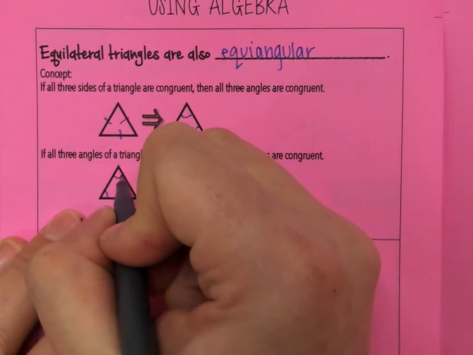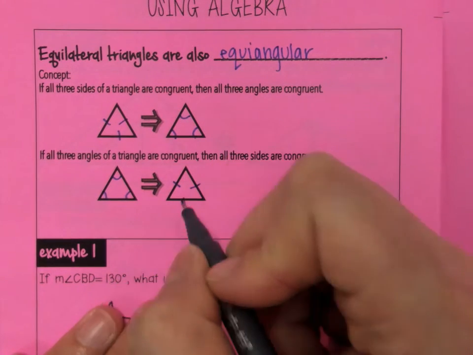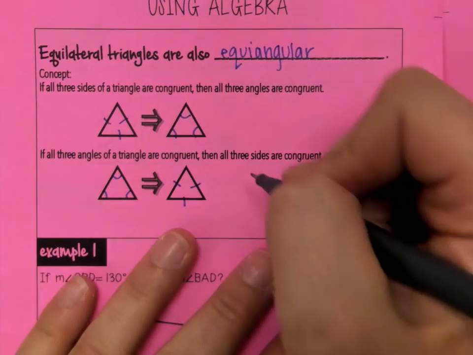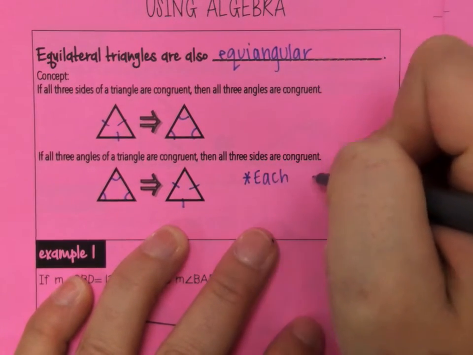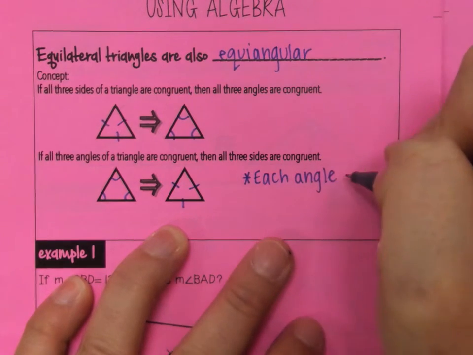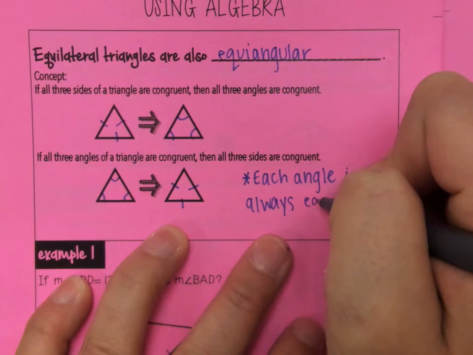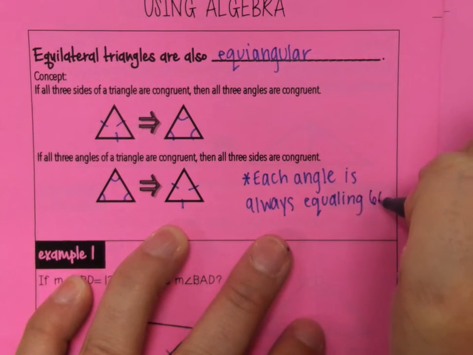If all of your angles are congruent, then you know that all of your sides are also congruent. Now, a cool thing to note, each angle is always going to equal 60 degrees.